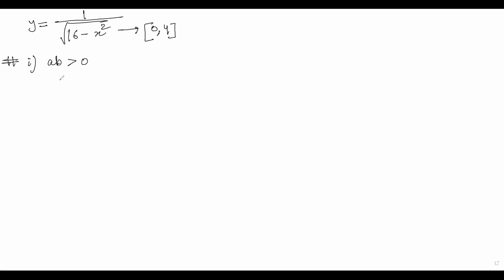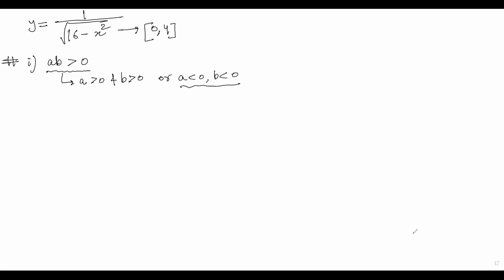If I have given you a product positive, there are two values A and B, and the product of both of them is positive. So it means either both of them are positive, that is A greater than 0 and B greater than 0, or both of them are negative. Am I correct? Yeah.